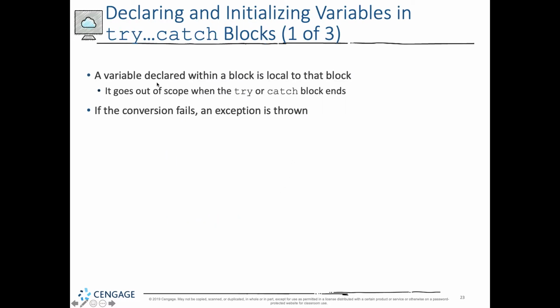An exception occurs and they call it. All right. So a variable declared within a block is local to that block, right? Just like any static code block that you create, anything within curly brackets, if you declare a variable inside of curly brackets, that variable is local to those curly brackets.